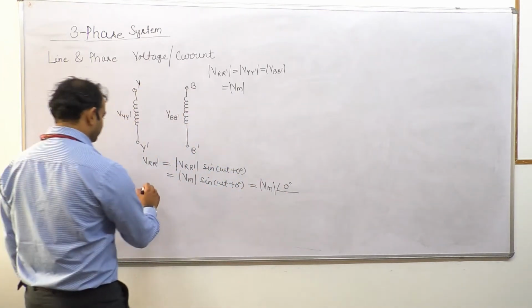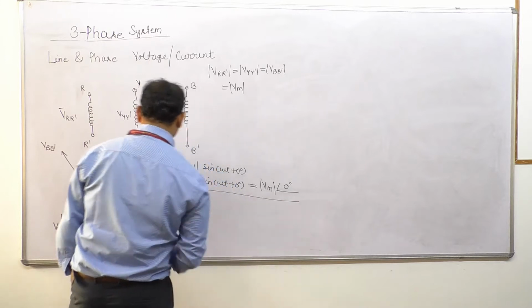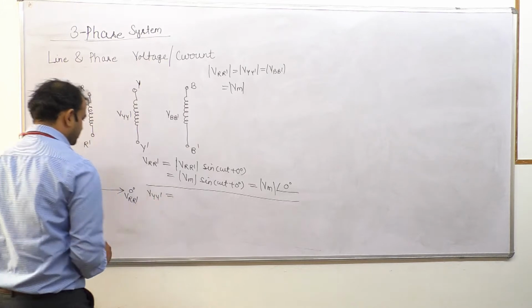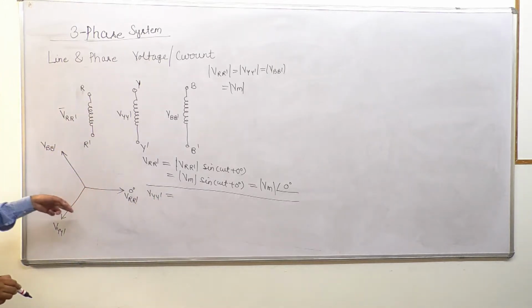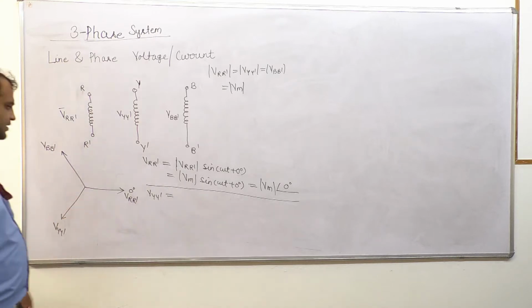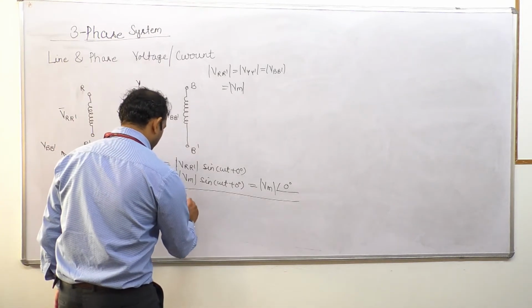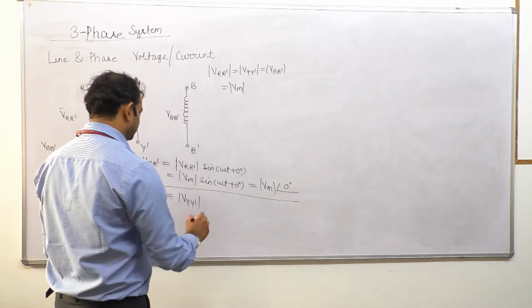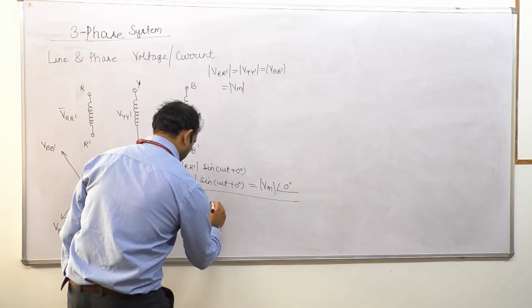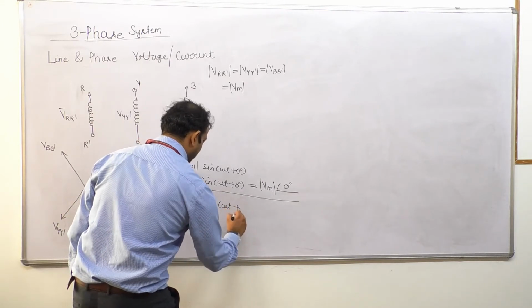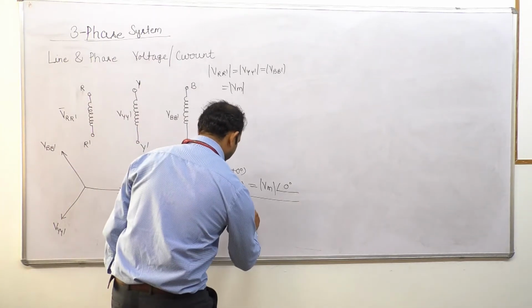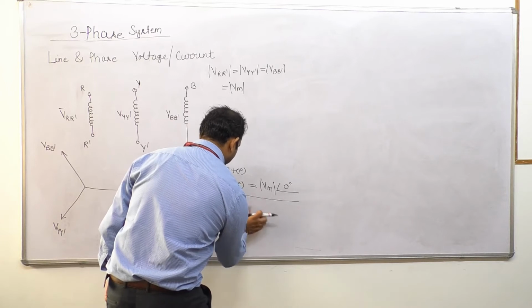In case of the second phase, V Y Y dash, measured clockwise or anti-clockwise, the angle is magnitude of V Y Y dash sine omega t plus 120 degree, sorry, 240 degree.